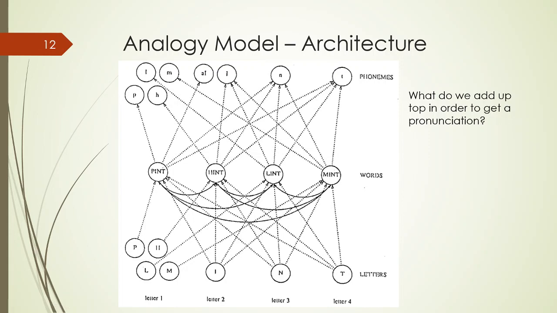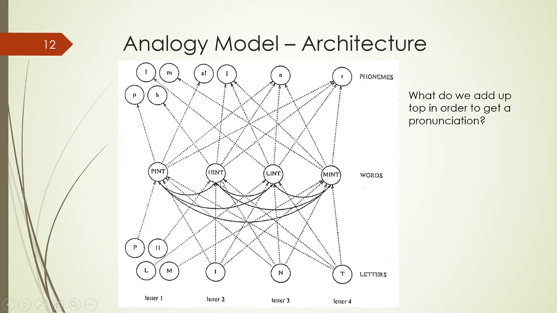And so if you allow the network to run for a while and you are showing it a spelling of a word it knows, so for example, let's say we're showing it lint, we have activated first position L, second position I, third position N, fourth position T. Those all very clearly want to excite the lint node. You'll get some inhibition of these other nodes based on the inconsistent first letter.